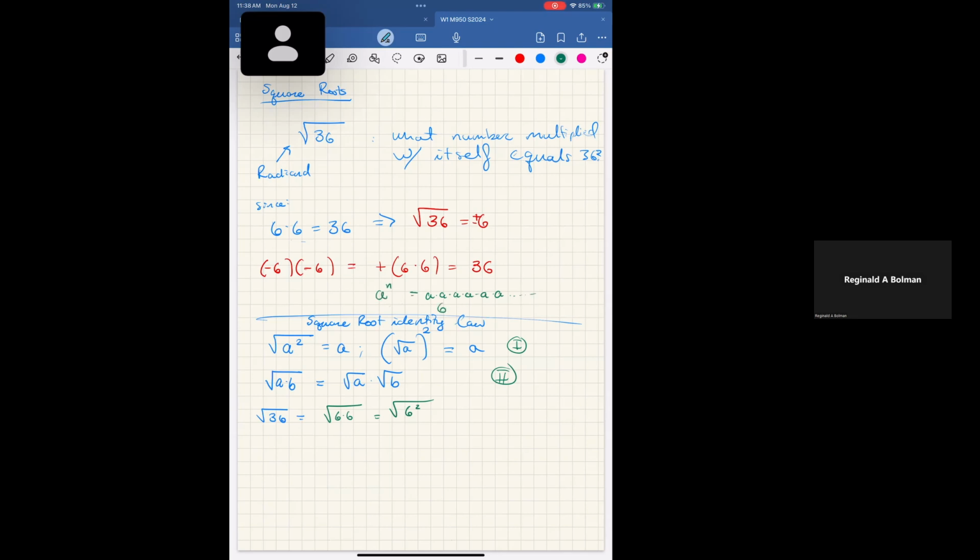So 6 times 6 is the same thing as 6 squared. Now, if we do that according to the square root identity law, the square root will cancel the exponent and you'll be left with the original quantity. Cool? Now, of course, we know that quantity needs to be either positive or negative depending on the context. So we'll just write positive or negative 6.